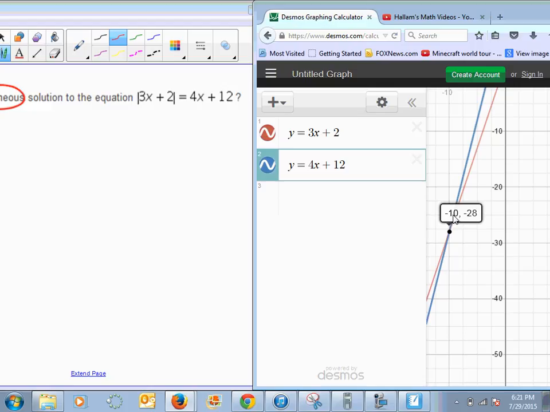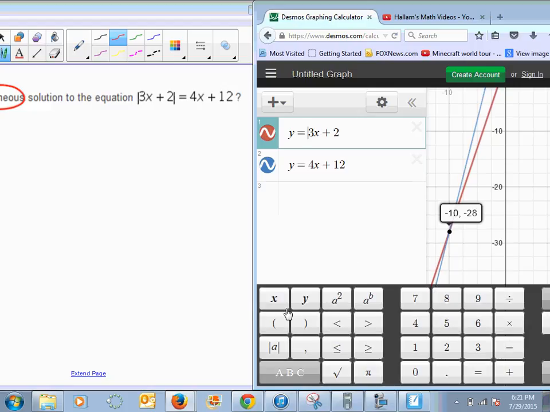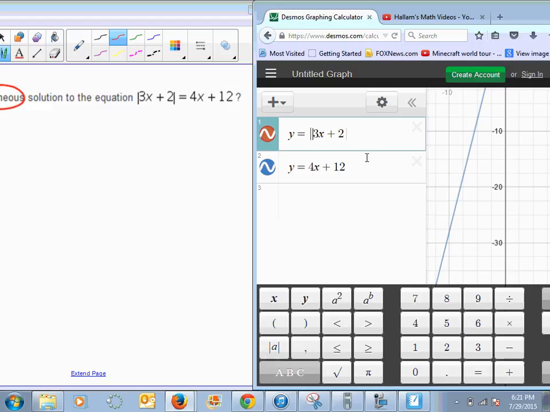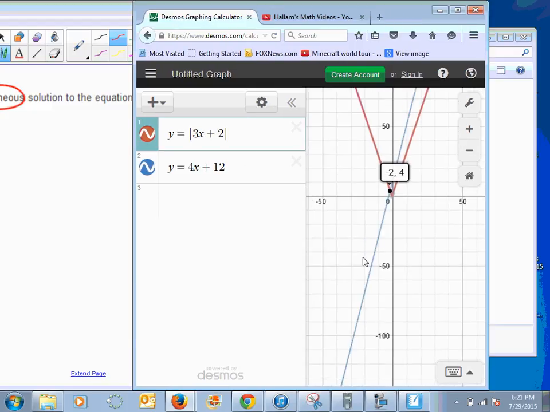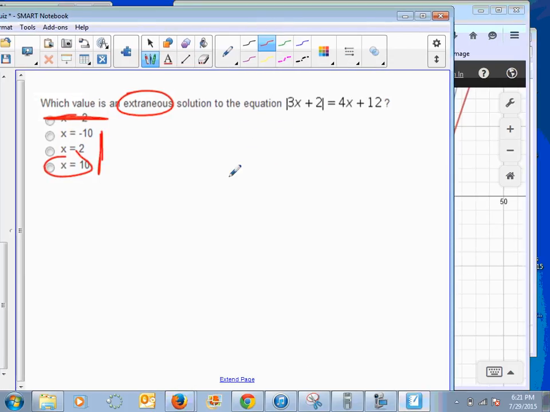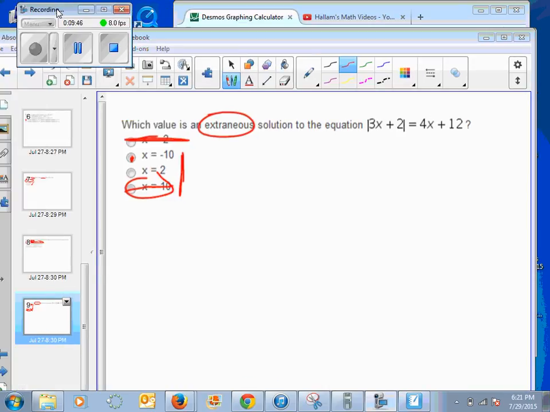So that kind of tells you -10 is a solution. But if you remember, when we put these absolute value bars on there, they did not intersect at -10. So what that means is that -10 is the extraneous solution, since that doesn't really intersect when it becomes an absolute value. Okay, good luck.